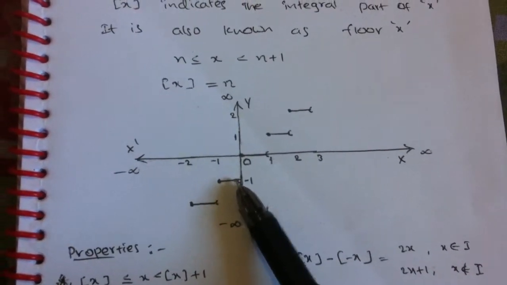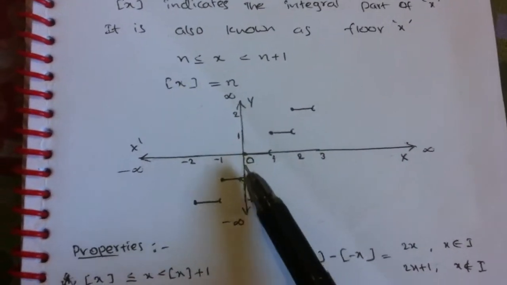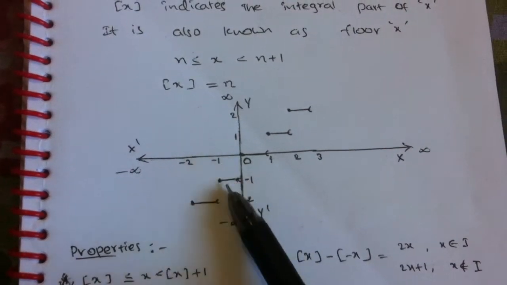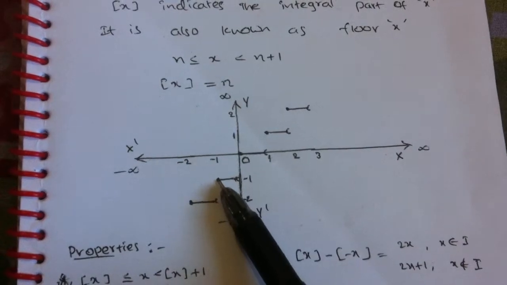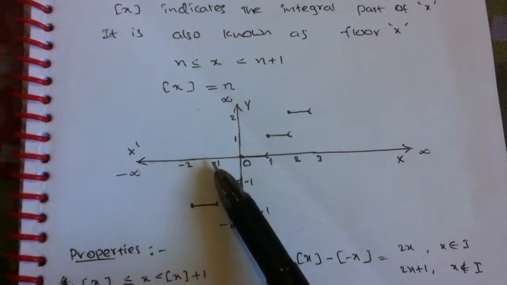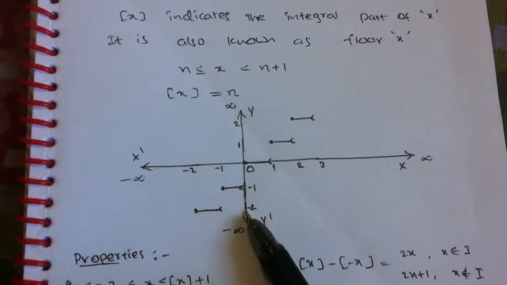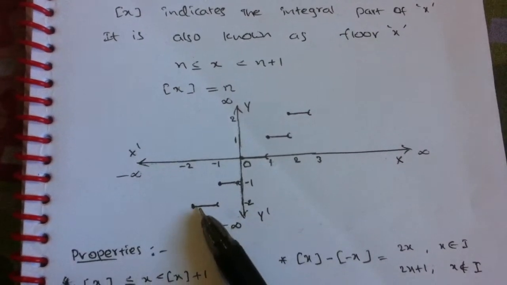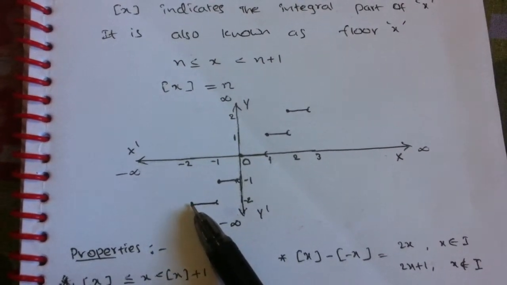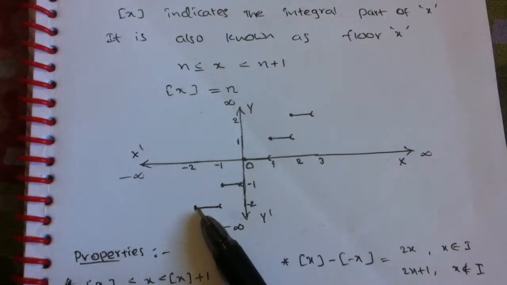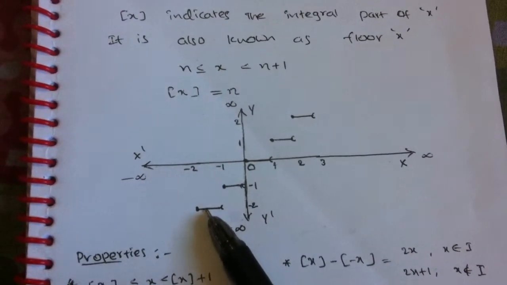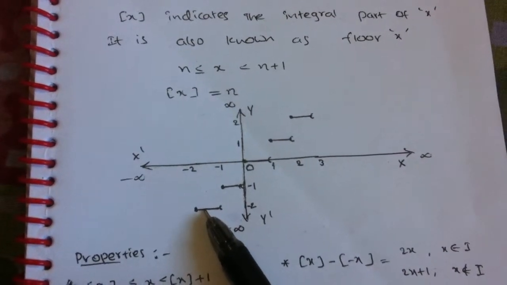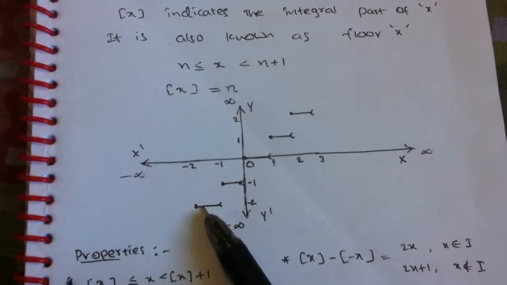Step 0 is 0. And step of minus 1 is also minus 1. Step of minus 1.1 is minus 2. Step of minus 1.999 is also minus 2. And step of minus 2 is also minus 2. Minus 1.999 lies between minus 2 and minus 1.